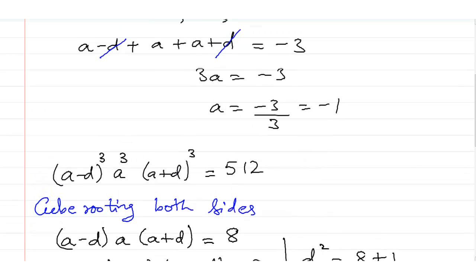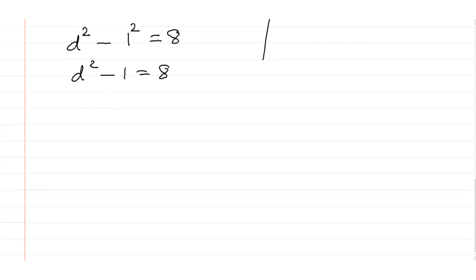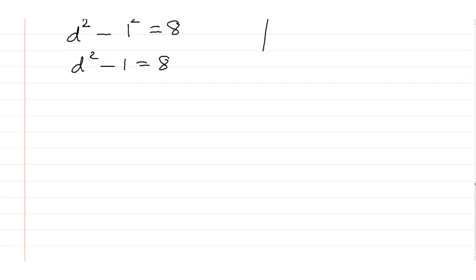So the three terms are a minus d, a and a plus d. So in order to find them, we'll write a minus d, then a, and then a plus d. The value of a is minus 1. The first value of d is 3.